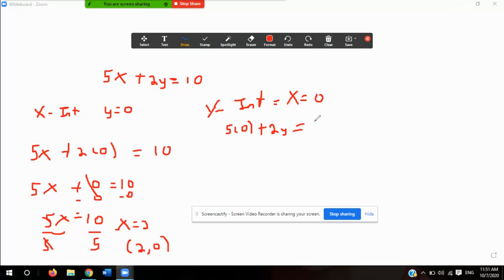So again, I know that 5 times 0 is 0. And again, if you're one of these very visual students, which is fine, I'll do that extra step for you. So 5 times 0 is 0. And of course, that would be plus 2y equals 10.